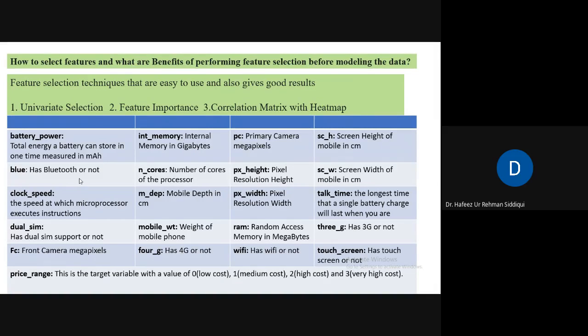And we want to classify them. We have a lot of data, we have a lot of mobiles, and we want to classify based on these features, and we are going to find out which features are not of much importance. So we will remove those features while doing classification.